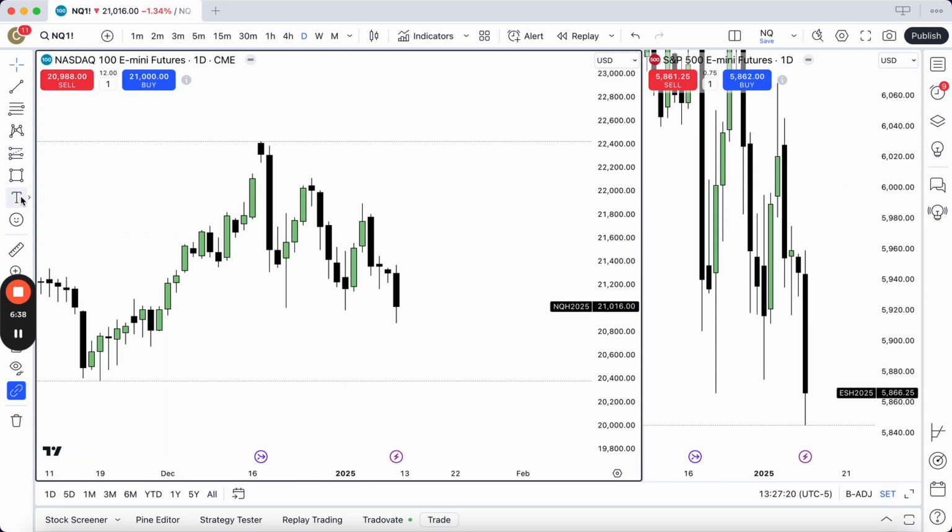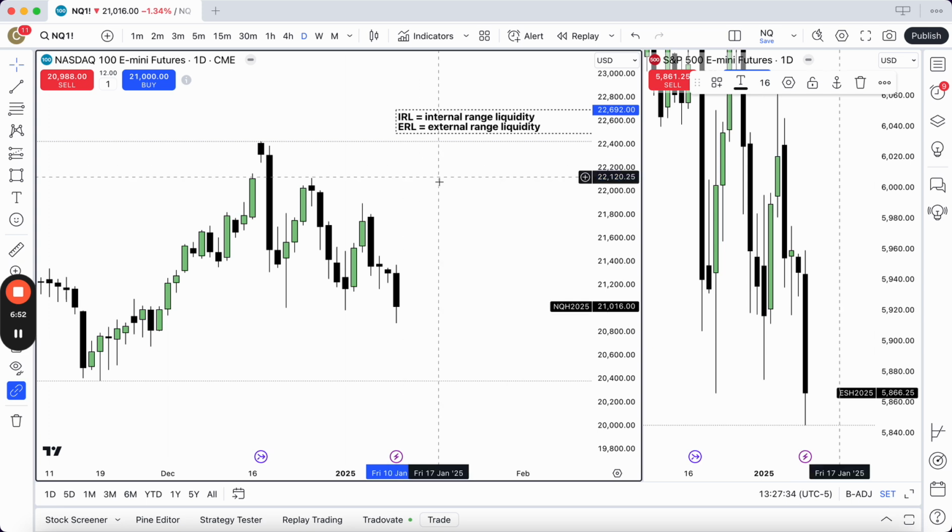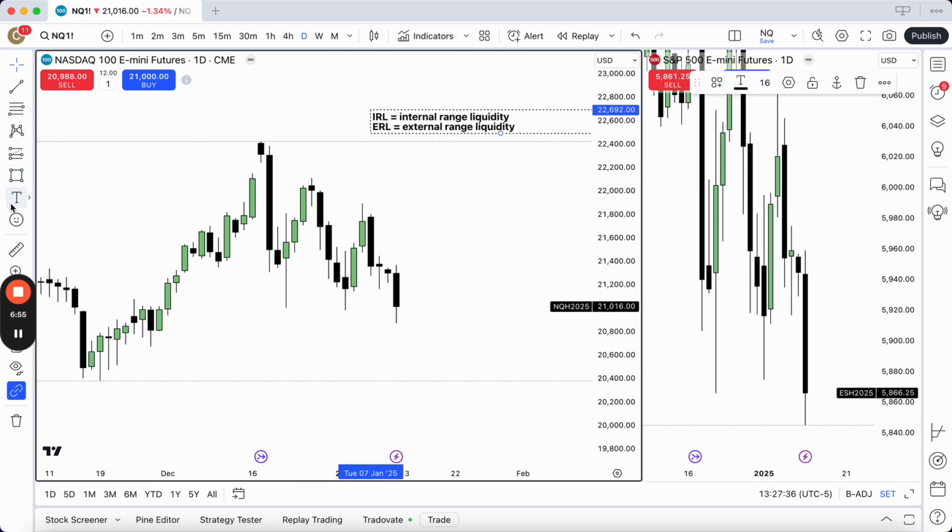IRL being, here, let me write it out: IRL, internal range liquidity, and ERL is external range liquidity.